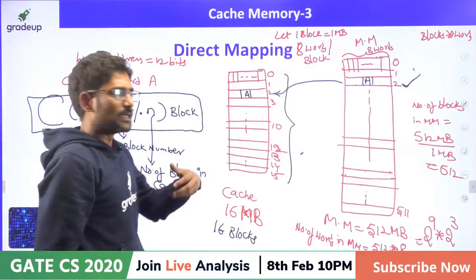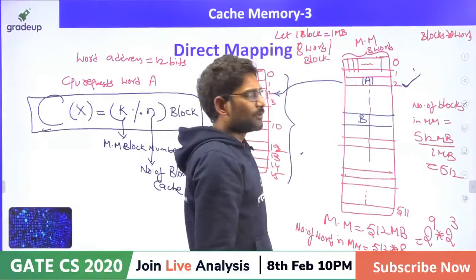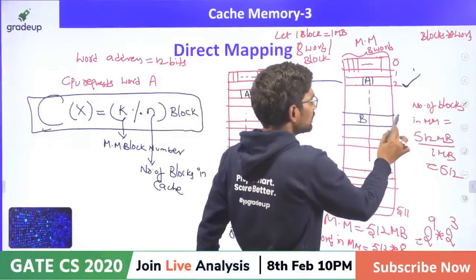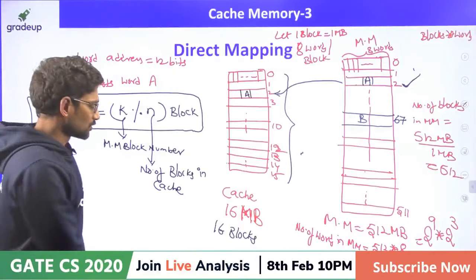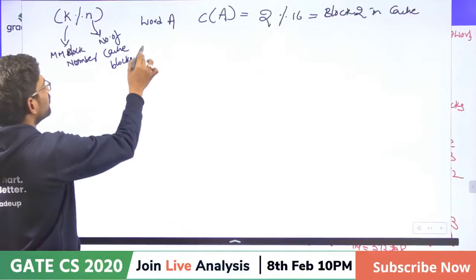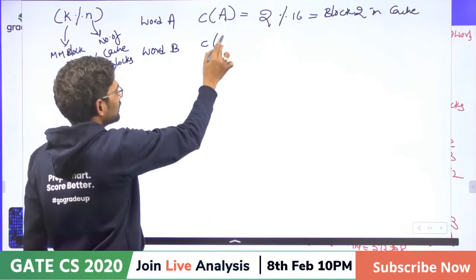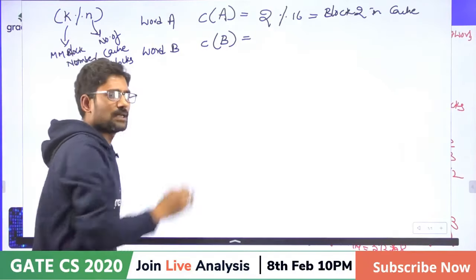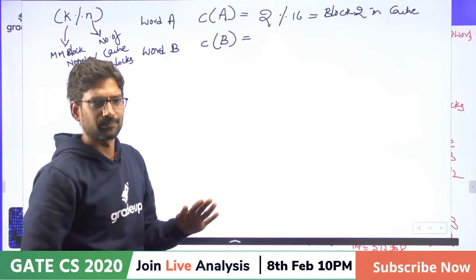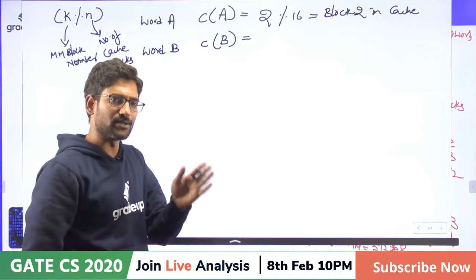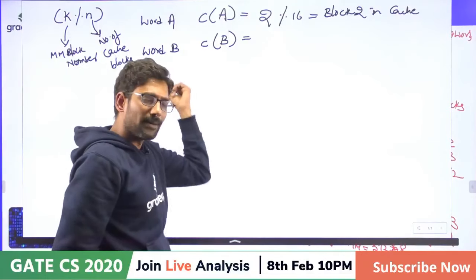So this second block is copied as it is here. Now let us suppose there is another word B, which is in the 67th block of main memory. When word B is requested, it is brought to cache memory obviously after a compulsory miss, no doubt in that. So where will B be copied?